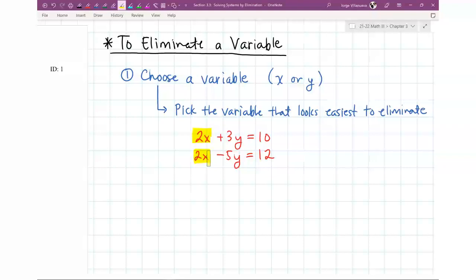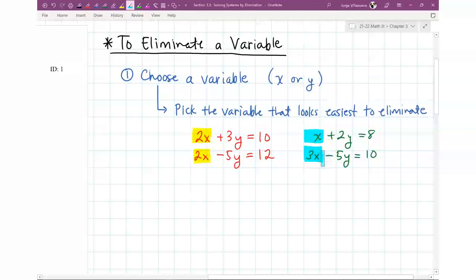Now, there are times when nothing matches up, so you might get something like this. x plus 2y equals 8, and maybe 3x minus 5y is equal to 10. The easy one to get rid of in this case is the x value again. Now, I haven't shown this to you, but we're going to have to multiply the top.